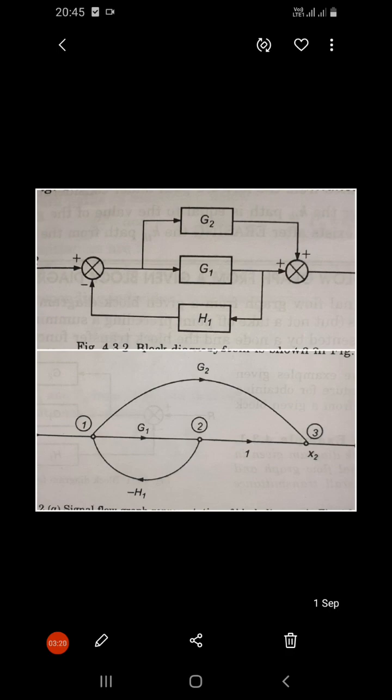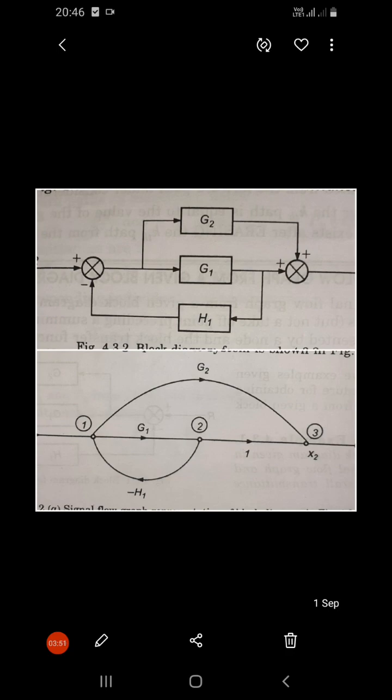But after G1, first is the takeoff point and then the summing point. So we represent these by two separate nodes, with a transmittance of unity between them. Here is the signal flow graph of this block diagram.